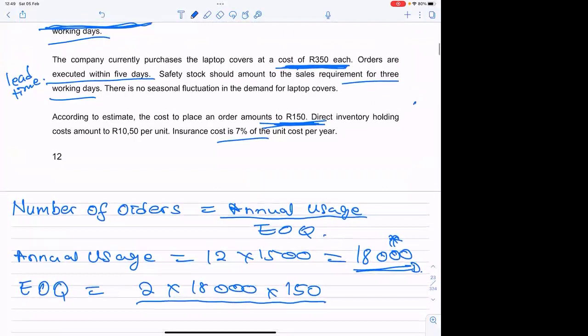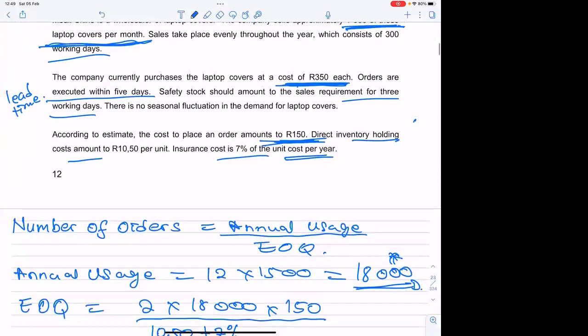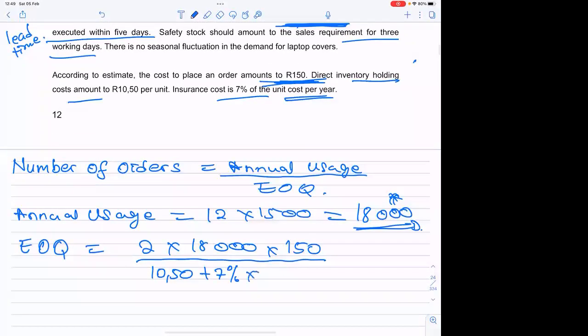They said the inventory holding cost is 10.50 per unit, plus the insurance is 7% of the unit cost. How much is the cost? It is 350. We are not given the opportunity cost or the cost of capital, so we don't have to force it.